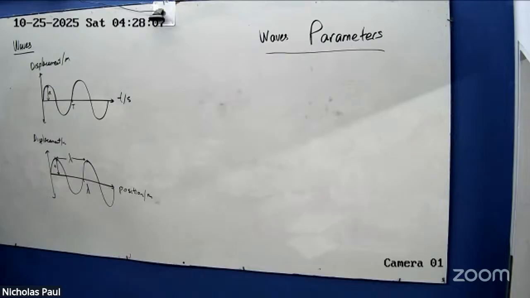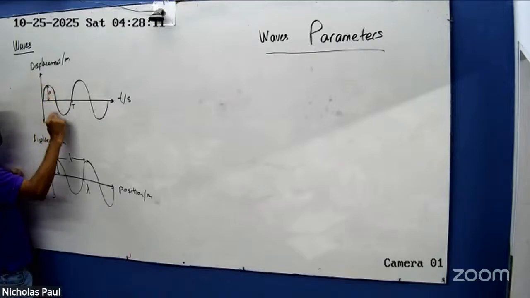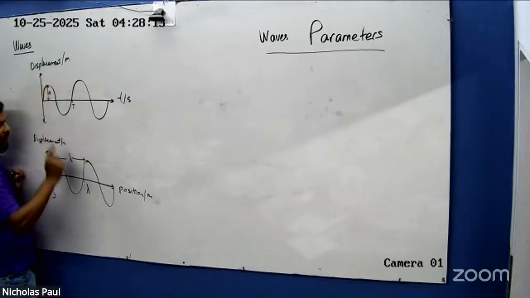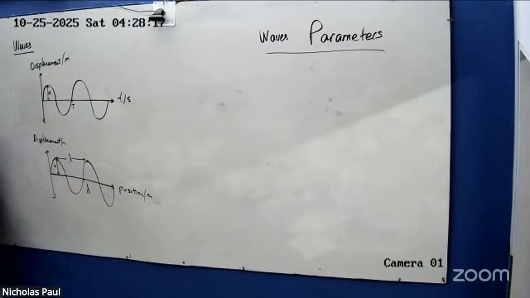Everybody okay with that? So amplitude, maximum displacement; period, time for one cycle; wavelength, length of one cycle. I'll explain phase difference shortly. I want to go through these words first.